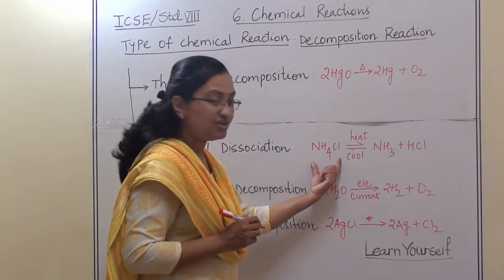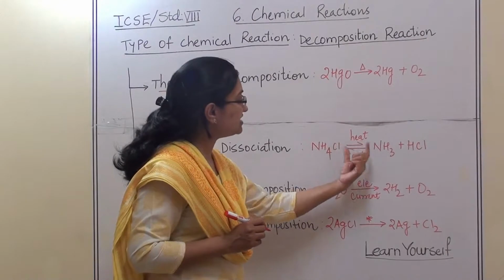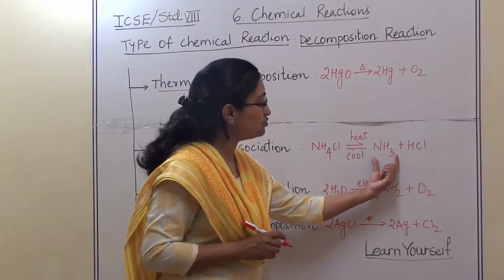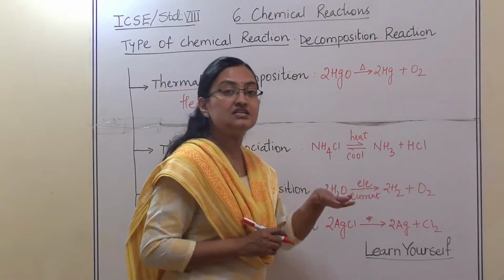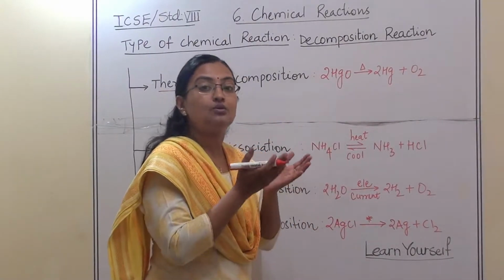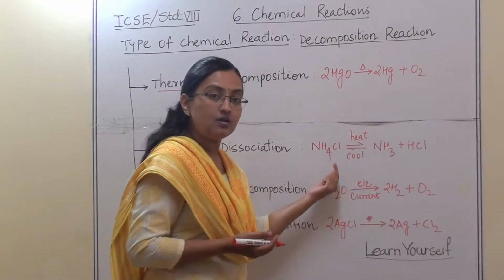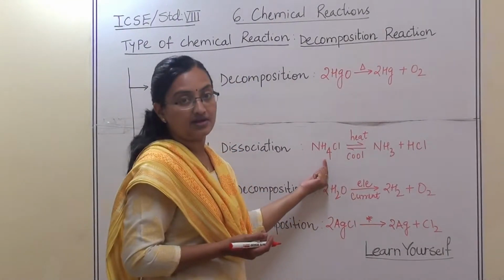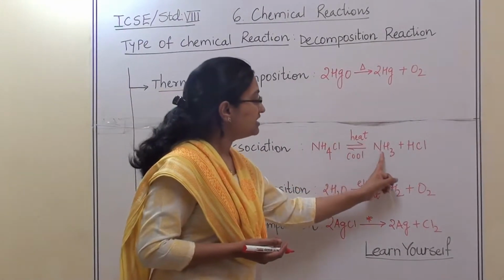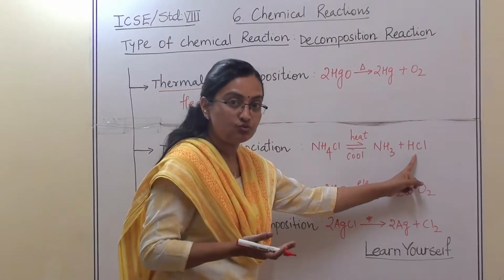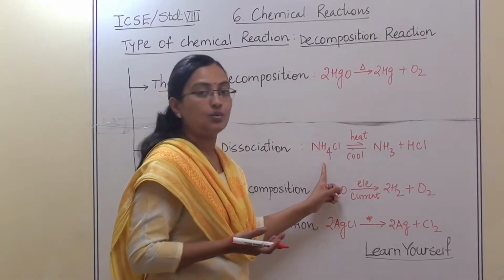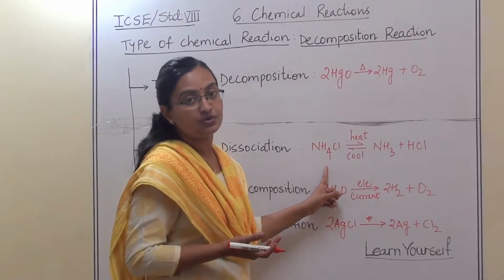Here, ammonium chloride, when we are heating it, will dissociate into two simple compounds, ammonia and HCl. Once the reaction mixture cools down, it again converts into ammonium chloride. So when we give heat, it gives us ammonia and HCl, and once it is cooled down, it converts back into ammonium chloride.